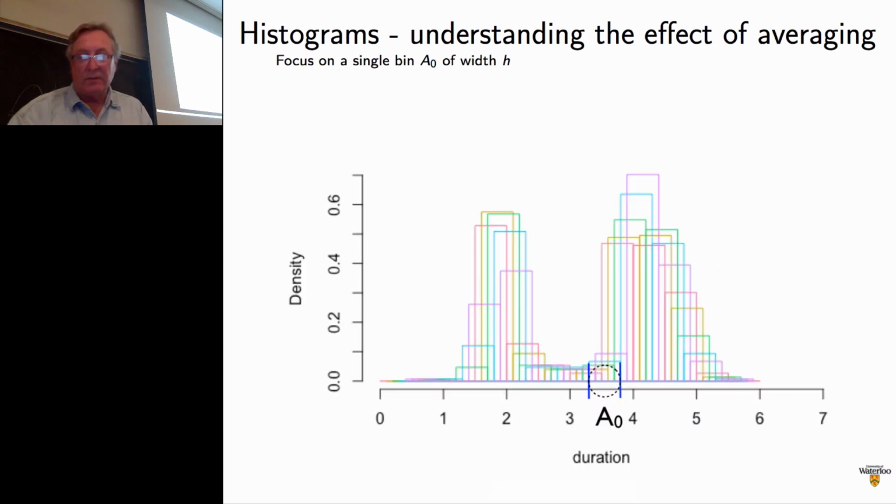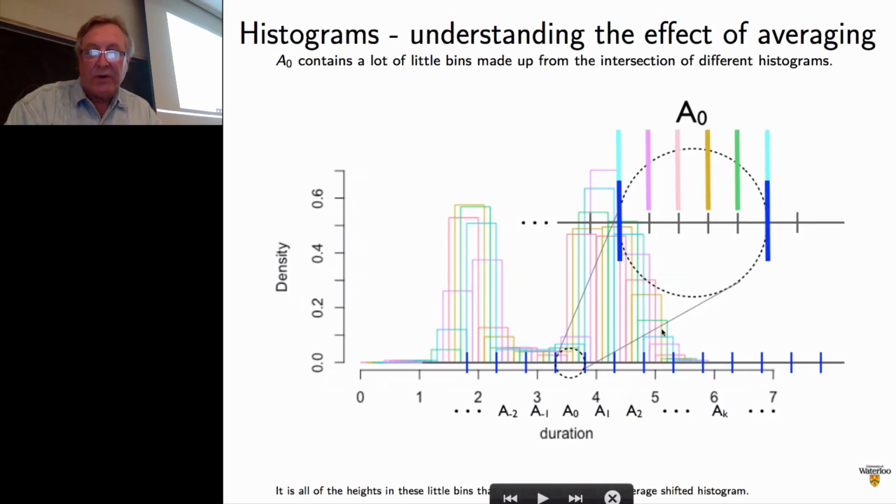In fact, I want to look at any one of these intervals, the big bin intervals here, A0, and divide that up into the pieces. So if I look at all the bins here and I label them A0, A1, A2 up in that direction, A-1, A-2 in that direction, any one of these bins has got these equal divisions inside it. Okay?